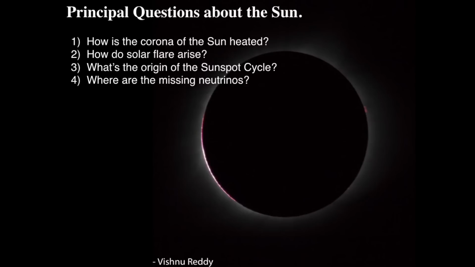We'll see what solar flares are shortly. And sunspots come and go on the surface of the sun. That's incredibly important to understand because it apparently links to climatic change as well. And missing neutrinos is a particle physics question. Some of these are answered better than others, but these are incredibly important questions about the sun.